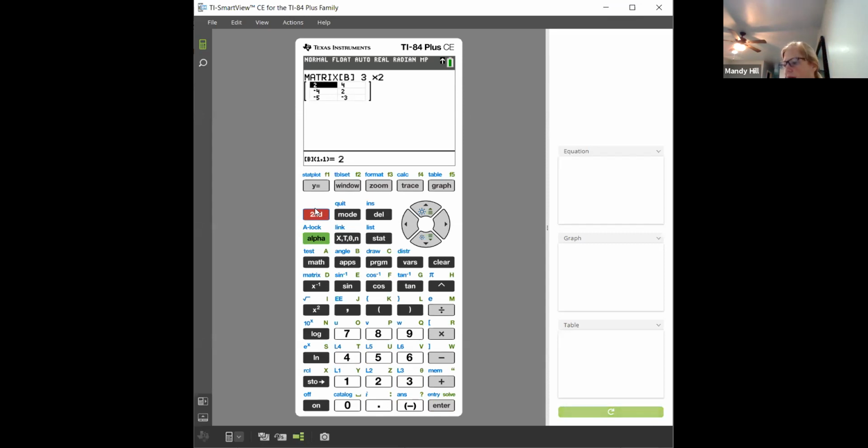While you're typing that in, the whole goal of this problem was to take and multiply matrix A by 2 and add it to matrix B that has been multiplied by 3.